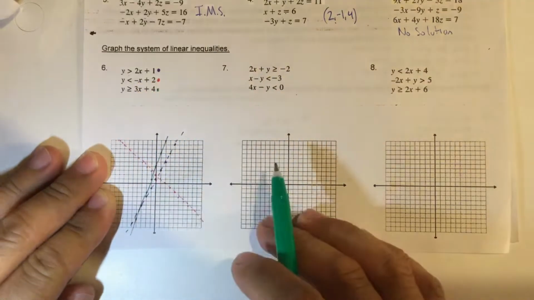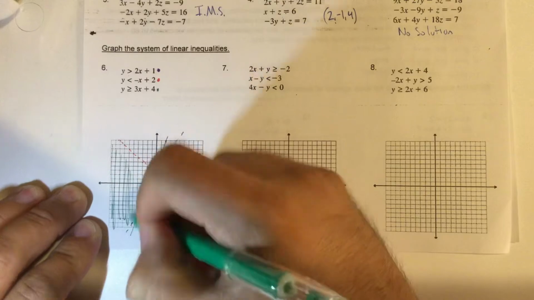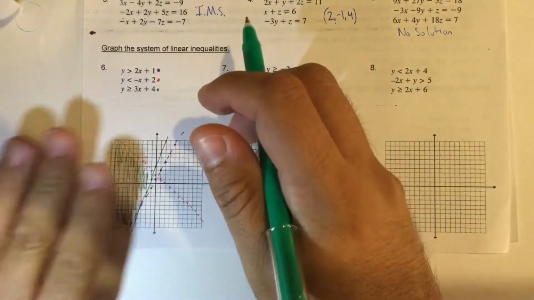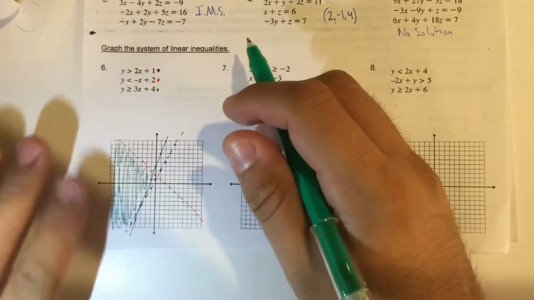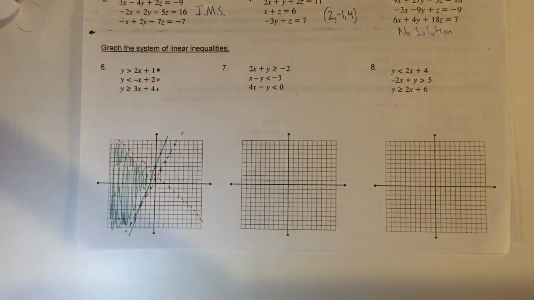And the shading is above. So here we're seeing the triple shaded region is going to be right here. So any point inside this shaded region is a solution, not on this dashed line, but on this solid and on that dashed.